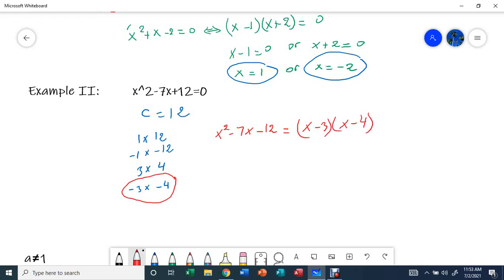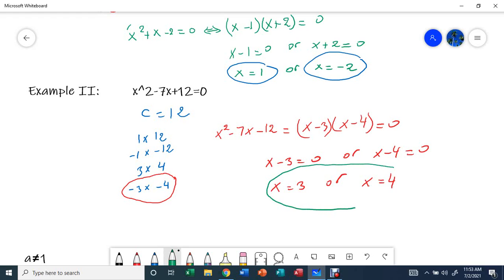Using the zero product property again, x minus 3 equals 0, or x minus 4 equals 0. Adding 3 to both sides, we get x equals 3, or x equals 4 when you add 4 to both sides. Those are my solutions to the equation in this example.